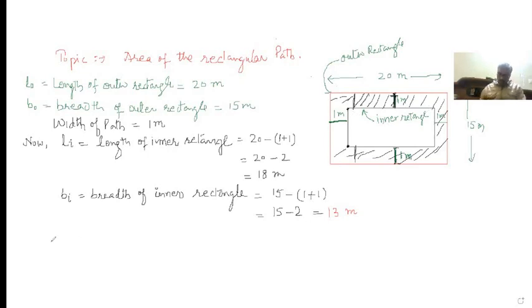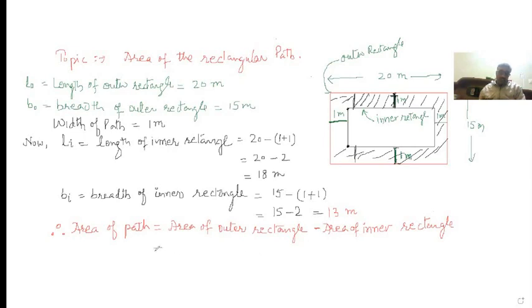Now write down here: therefore, the area of the path is the area of the outer rectangle minus the area of the inner rectangle.